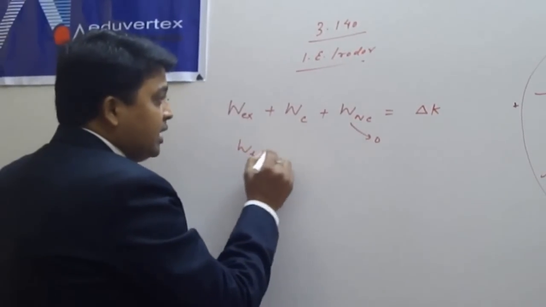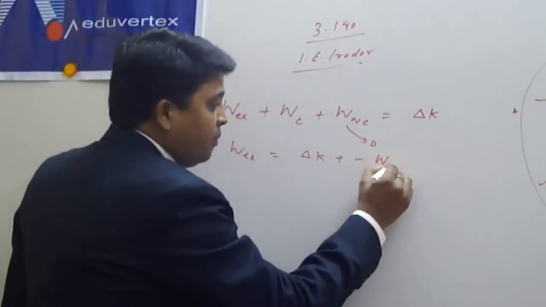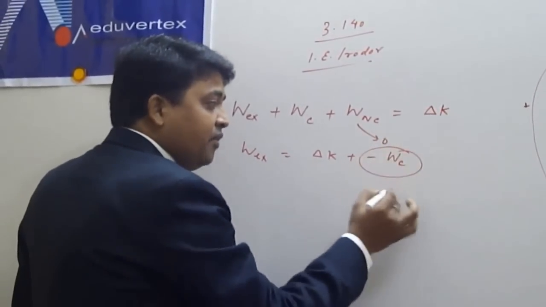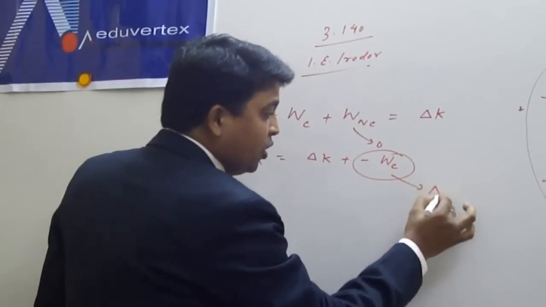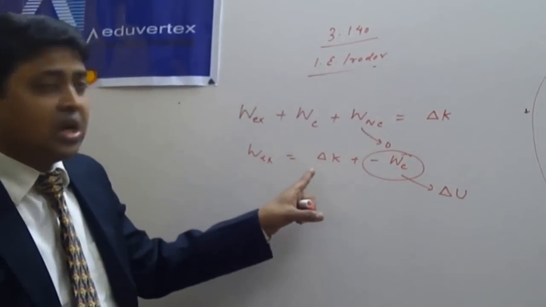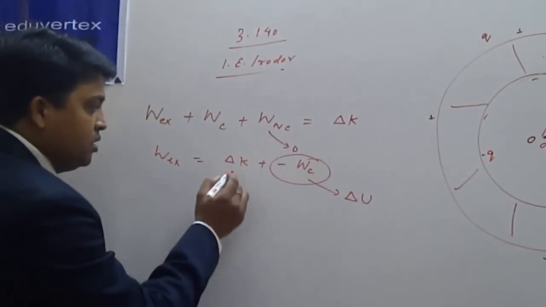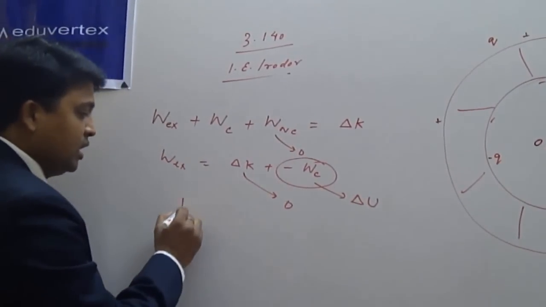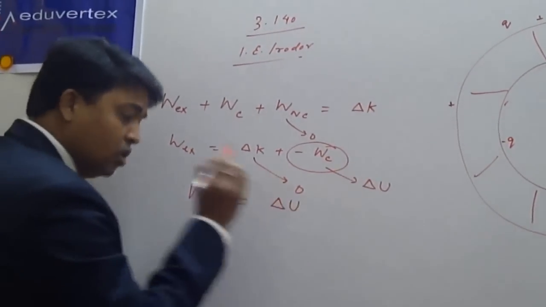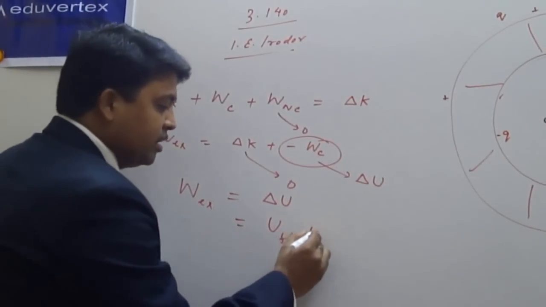So work done by external is equal to delta K plus minus of work done by conservative, and minus of work done by conservative is nothing but change in potential energy, delta U. Moreover, we have to bring the charged particle slowly from center to infinity, so delta K is also 0. So the only thing left is that work done by external agent is equal to delta U, and delta U means U final minus U initial.